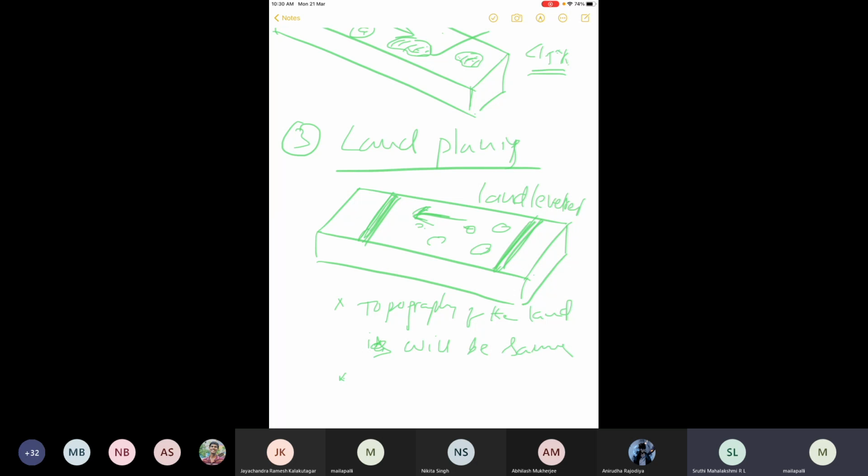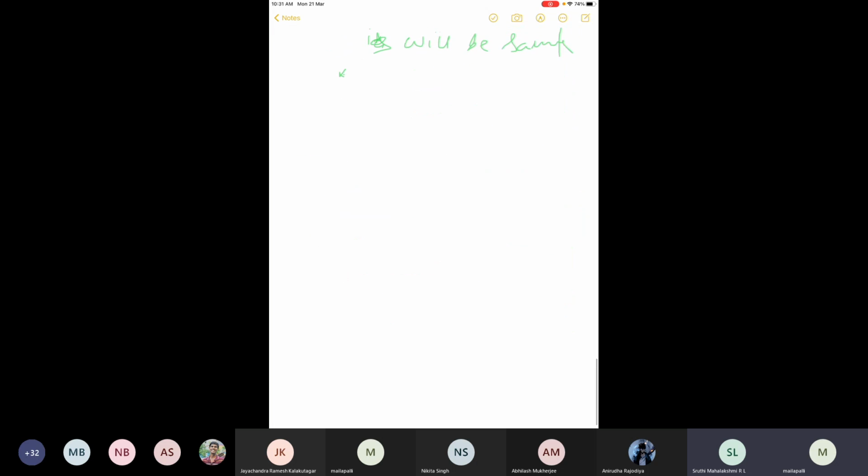Once it is leveled, we have to think about what kind of layout we need to plan. In the case of a surface drainage system, there are two types of layouts. One is the random field drainage system, and the other is the parallel field drainage system.